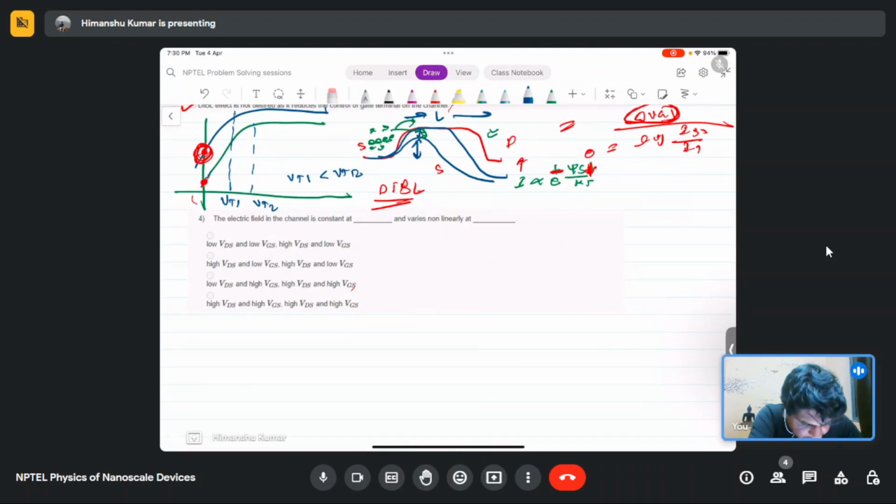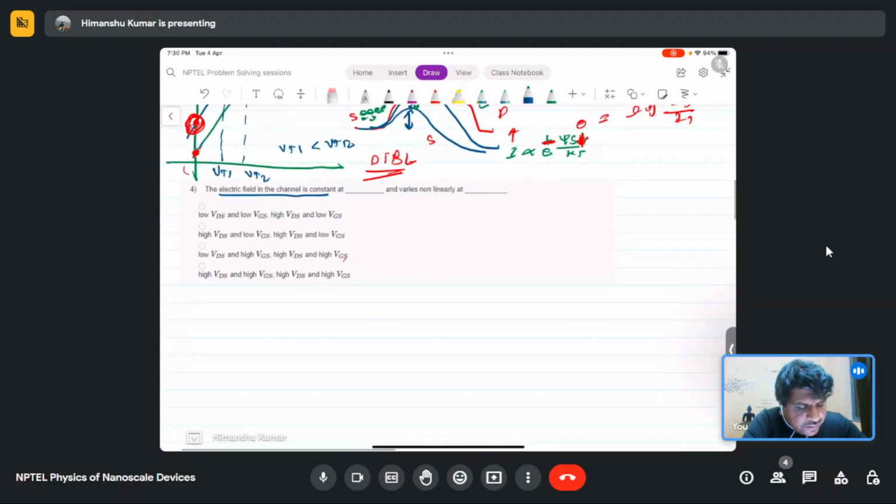Next problem: the electric field in the channel is constant at... So basically, when we make the MOSFET at very low drain to source voltage, the channel is approximately uniform, though it may be wedge type.